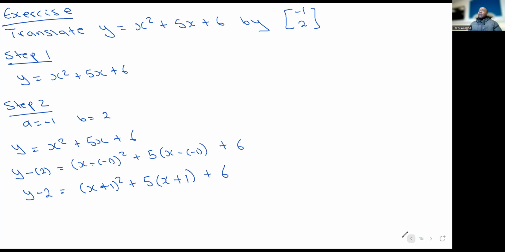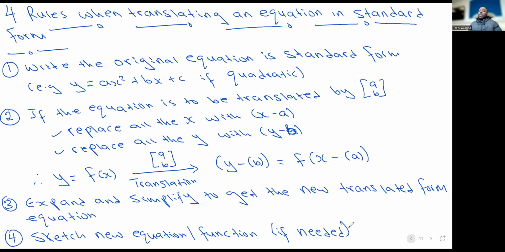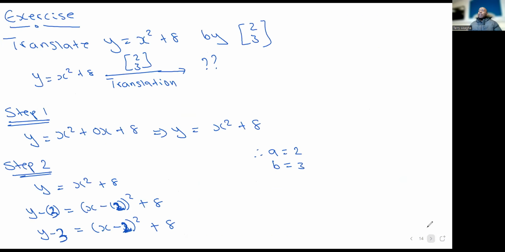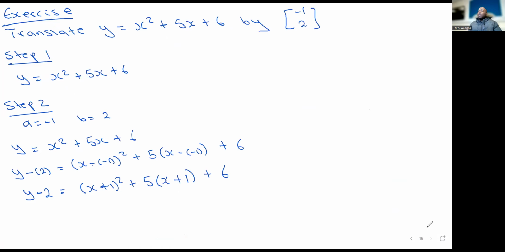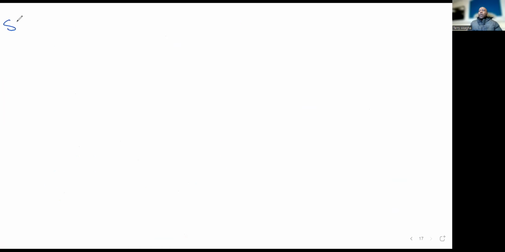Then the next one, step 3, we're told to then expand and simplify to get a new translated form. So we're going to expand now and simplify. I'm going to open a new one here. So we have step 3.